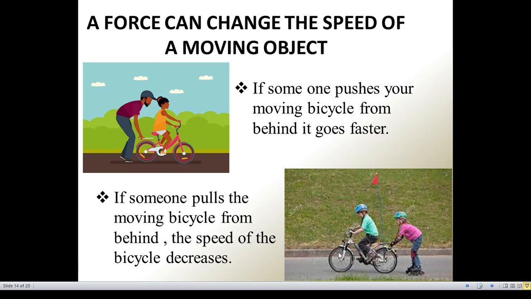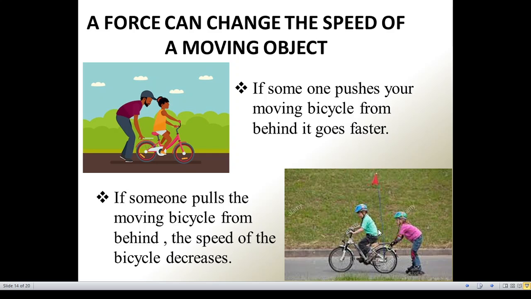Look at this image. If someone pulls the moving bicycle from behind, the speed of the bicycle decreases. Her sister is trying to pull the moving bicycle. As a result, she cannot go away fast. So she applies force in the opposite direction. That means she pulls the moving bicycle from behind.